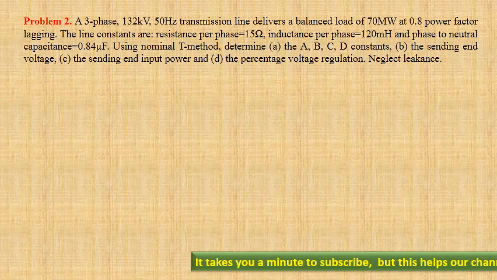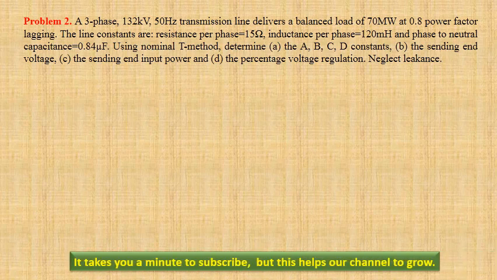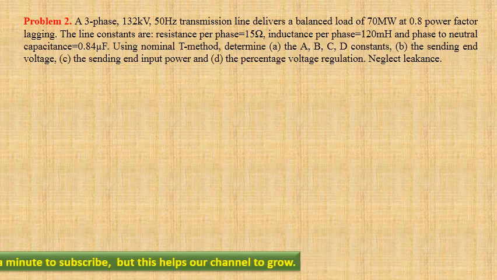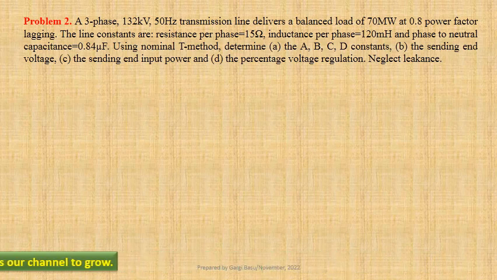Neglecting leakage and using the nominal T method, we have to determine the ABCD constants, the sending end voltage, the sending end input power, and the percentage voltage regulation.